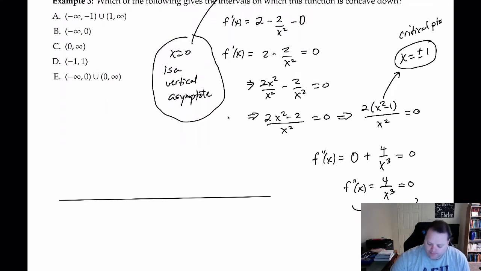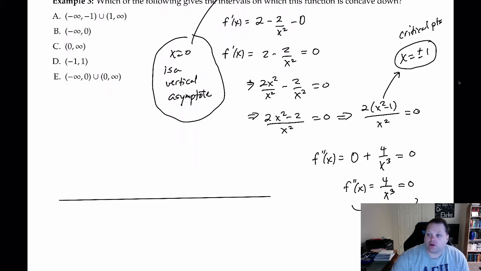All right, but remember, x equal to 0 is still a point that has to be plotted. And when you plot x equal to 0, you extend the lines as though it affects both the first and second derivative, because it does. This example is going to prove that. Because there are no inflection points here, you might be tempted to think that there are no changes in concavity, but that's not the case.